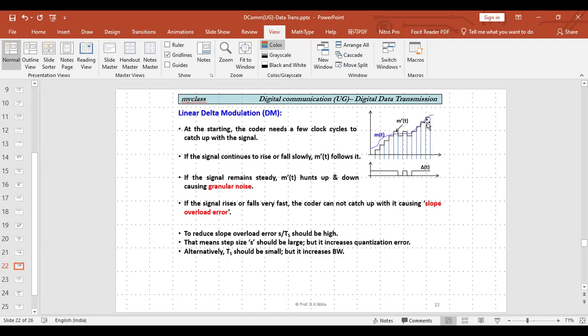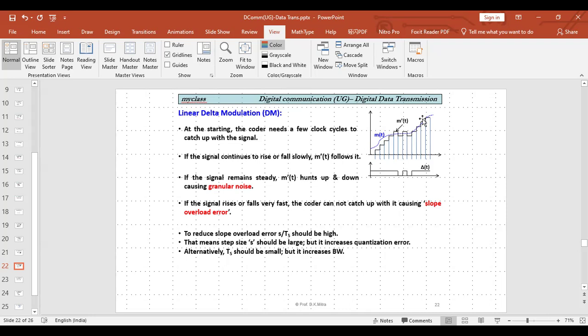But here we have talked about a particular problem which is called slope overload error. In case the signal rises faster than 1 millivolt per millisecond, of course, I said that we have to first study and observe the nature of the signal, then design your circuit.